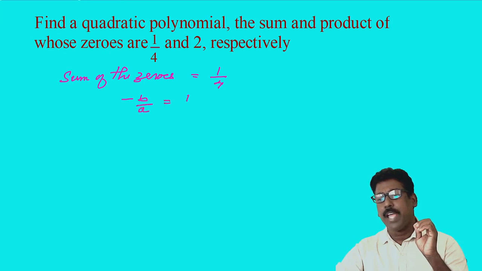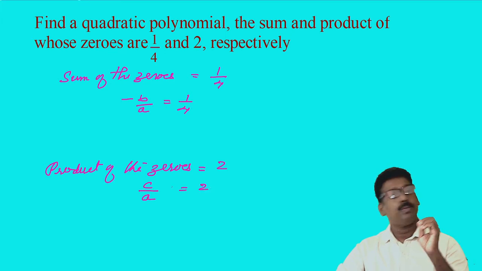Negative b by a is 1 by 4. Now product of the zeros is equal to 2. That means c by a is equal to 2. 2 you can take it as 2 by 1.